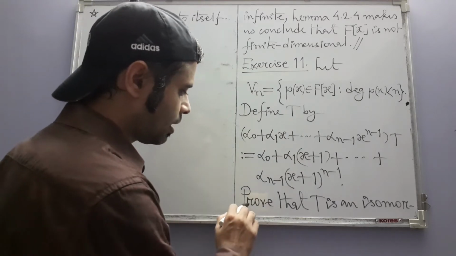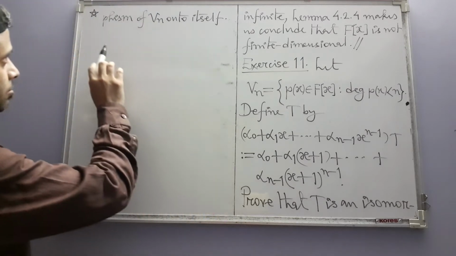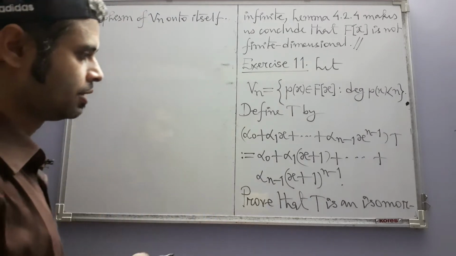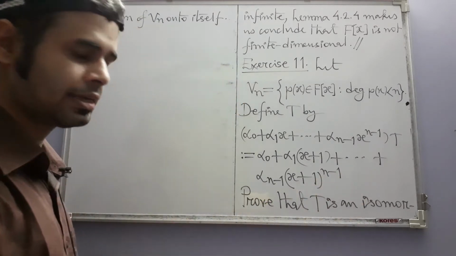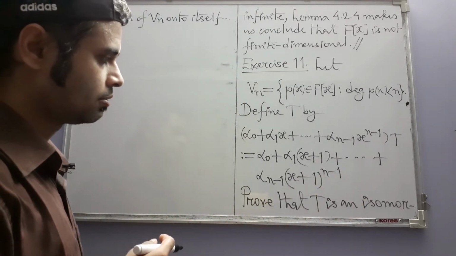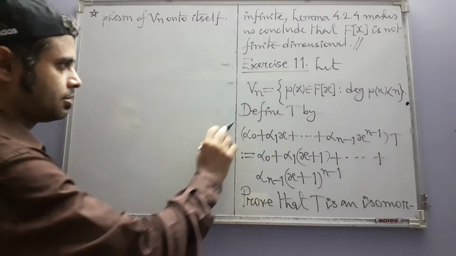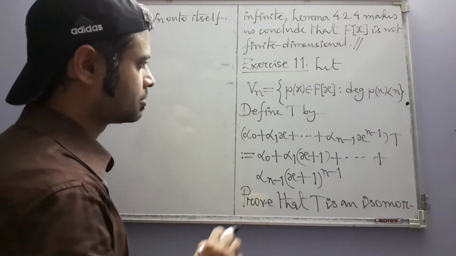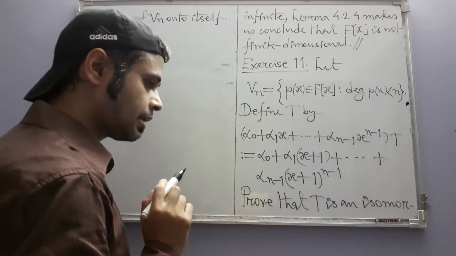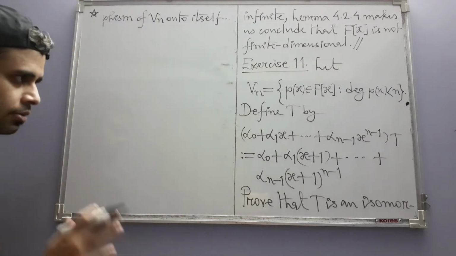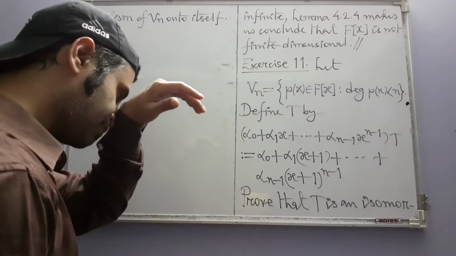Now we are being asked to prove that this function T is in fact an isomorphism of V_n onto itself, which actually, this statement has in it the claim also that this V_n in fact is itself a vector space, and in fact it's a subspace of F[x], and that is actually not true. There lies the problem. Do you want to see why it is not true?